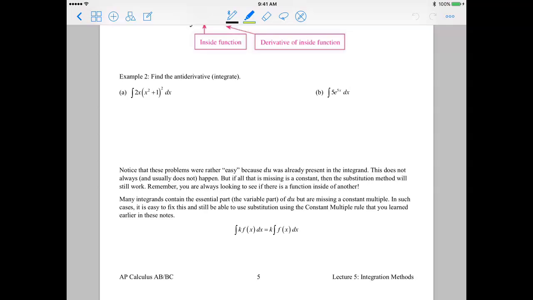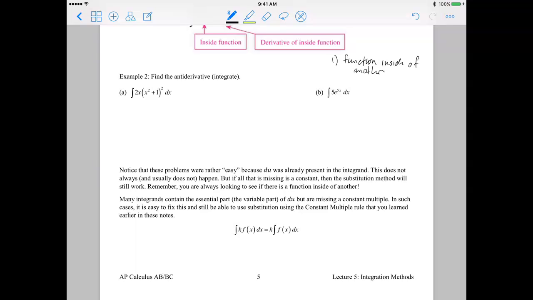Okay, so when I'm doing a u-substitution, what I'm looking for is a function inside of a function. So I'm going to write that down. The first thing I'm looking for is a function inside of another. That's the first thing I'm after.